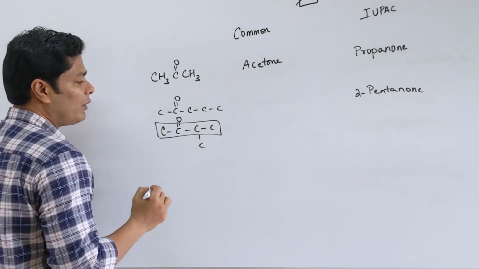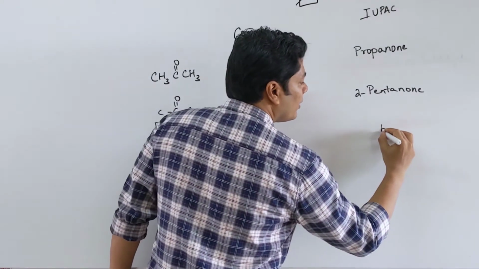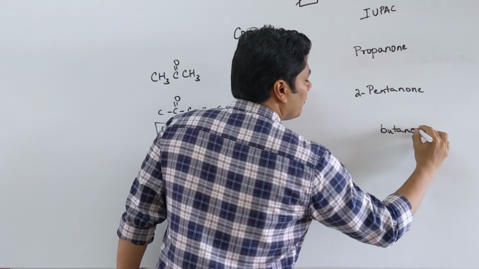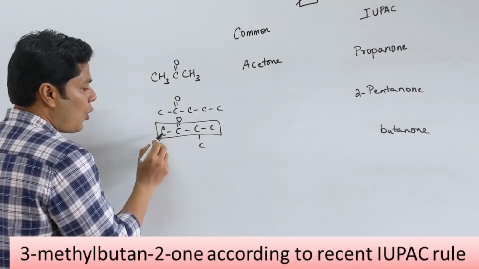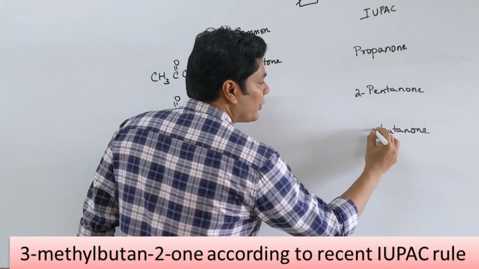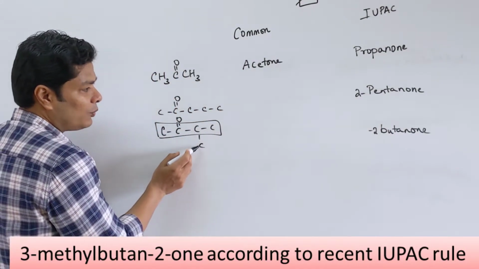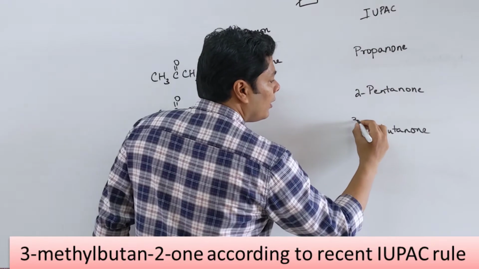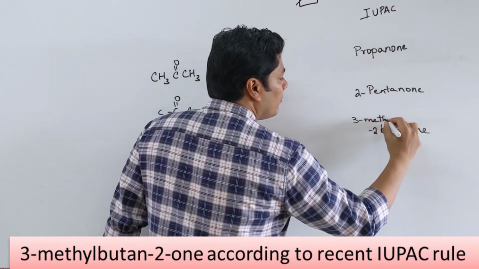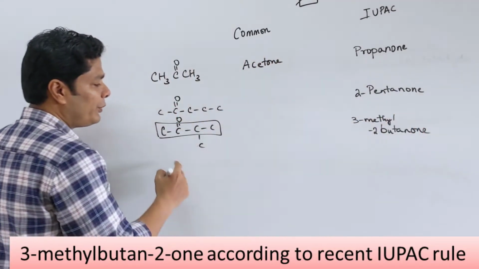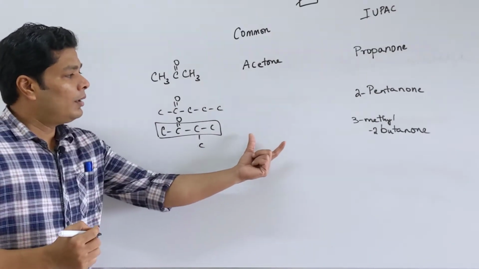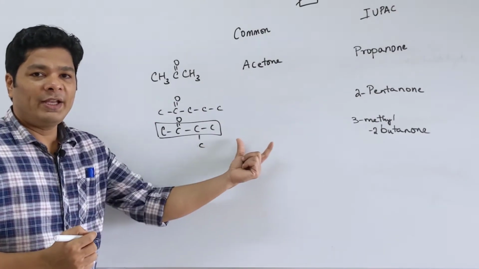So it is going to be a derivative of butane. So it's a butanone, 1, 2. So 2-butanone. And at position 3 I have a methyl group. So 3-methyl-2-butanone. Now these are extremely simple for ketones.